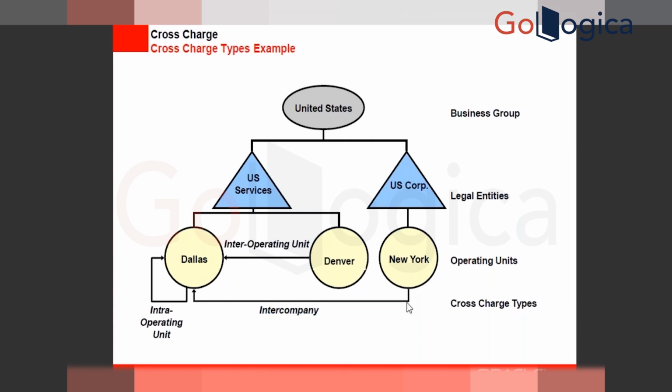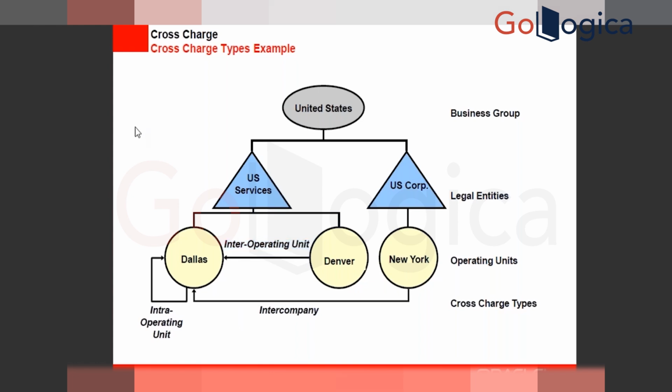Within the same operating unit, it would be intra-operating unit. Within the legal entity, between the operating units, that is inter-operating unit. These are the different levels of the cross-charge types.